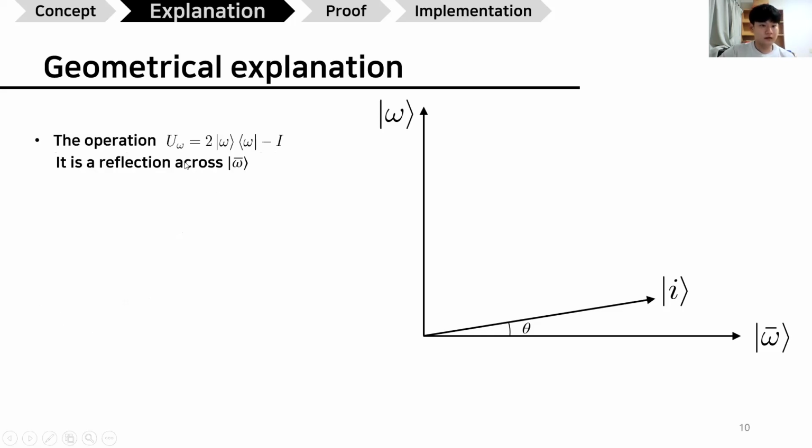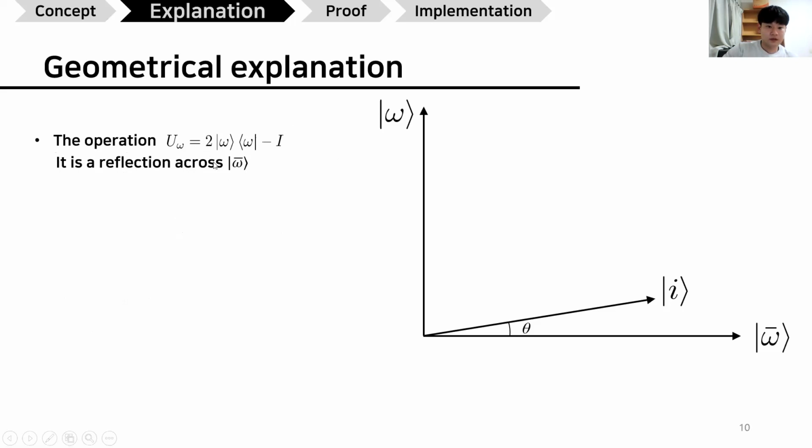And next, we can think about this operation. U omega equals 2 omega ket bra minus I. I is the identity matrix. It is a reflection across omega bar. You know that 1 minus 2 vector is a reflection, and there's a minus sign.